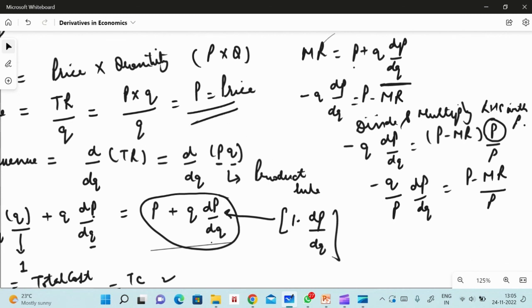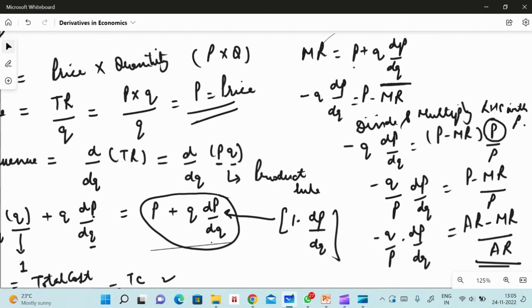See this. P is equal to average revenue. So what I get here is average revenue minus marginal revenue divided by average revenue, and this is equal to minus Q by P into dP by dQ, right? Clear? So this is my right hand side.